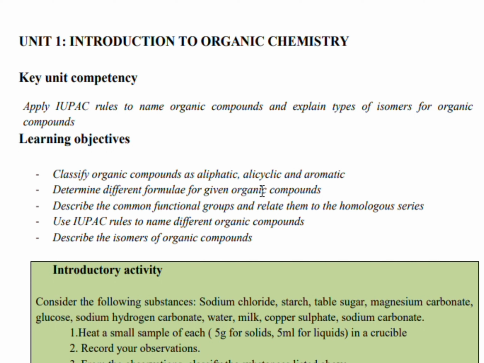They may have one double bond or two double bonds, and in that case they are alicyclic. But if they have three double bonds in the ring, they may be classified as derivatives of benzene, and they will be aromatic. We will see some examples.